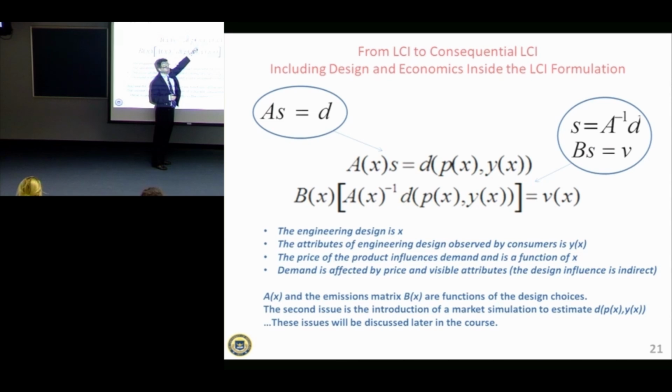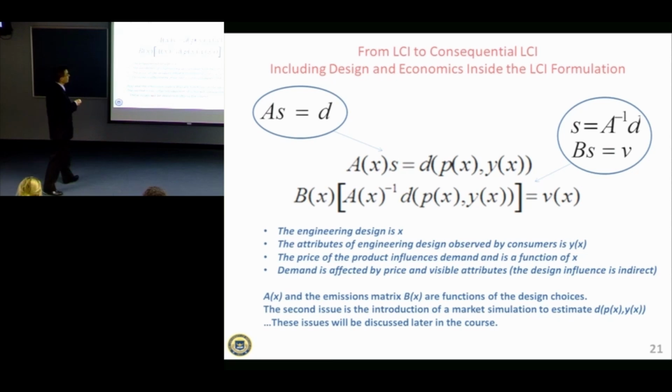So this is the price as a function of X. The willingness to pay is going to be a function of the attributes of that product, Y. So let's suppose this is a car. It might be the 0 to 60 acceleration time, might be the fuel economy in miles per gallon. So there are ways to do this.